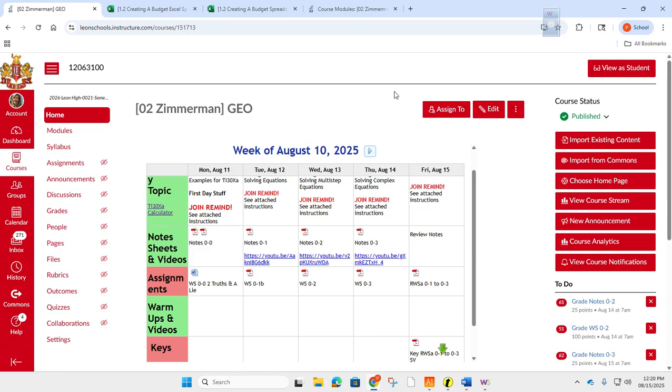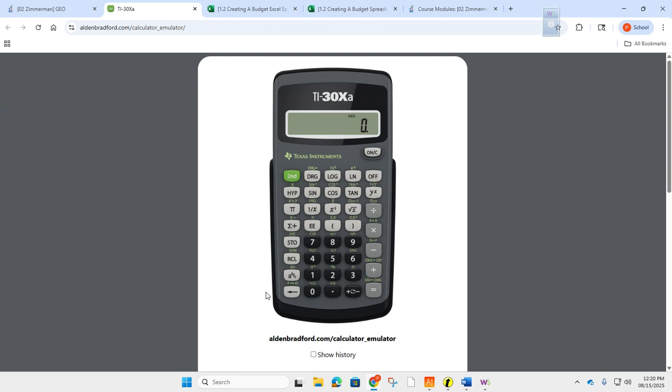So if you look here, it says TI 30XA calculator. If you click on that, look what you have. And you think, well, it's just a picture. Well, it's not a picture. You press the button, and it works like you're pressing them on the actual calculator, right? We clear, 8 times 9 equals.